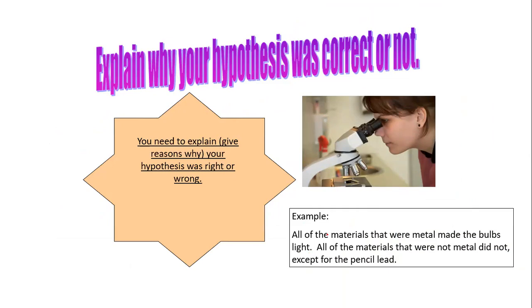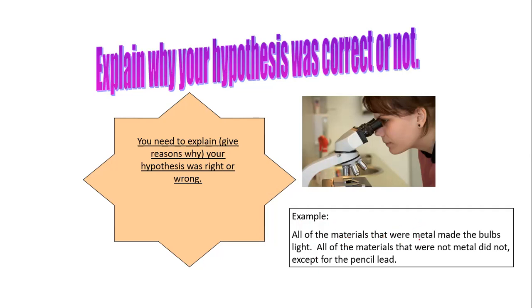So, for example, you write therefore. Take note that the word therefore already implies a conclusion. Meaning, I conclude that all of the materials that were metal made the bulbs light.